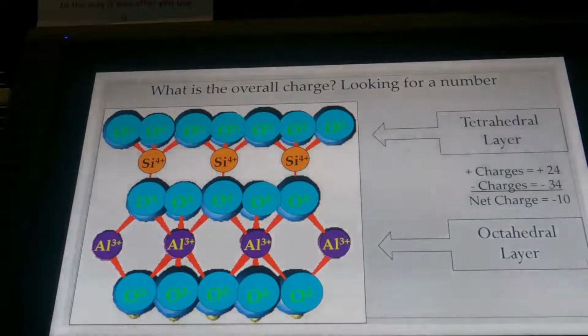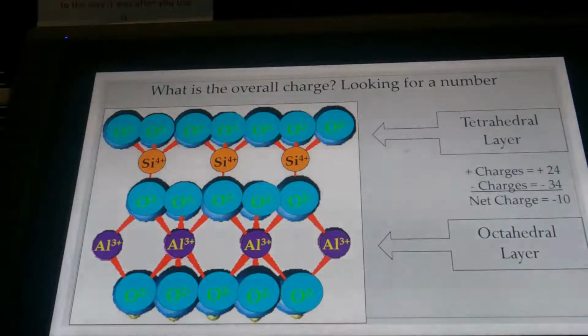So now if we add those up, we got 2, 4, 6, 7 in the tetrahedral layer. 7 times -2 is -14. I did this math on a whole overall.